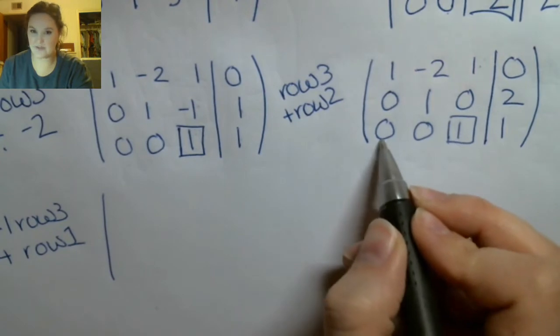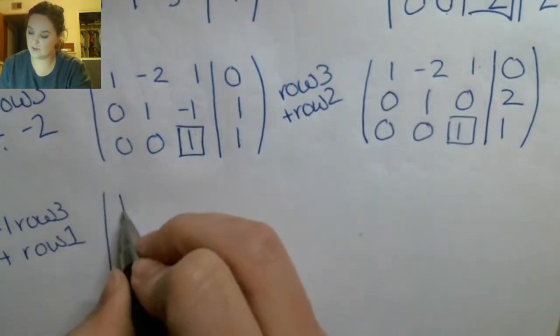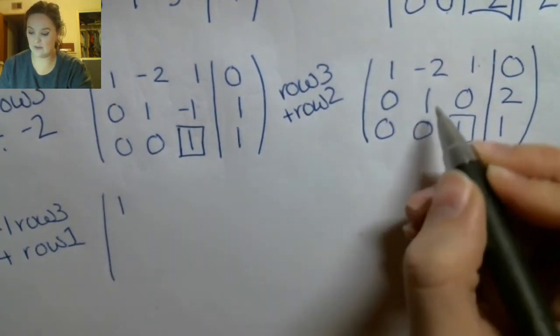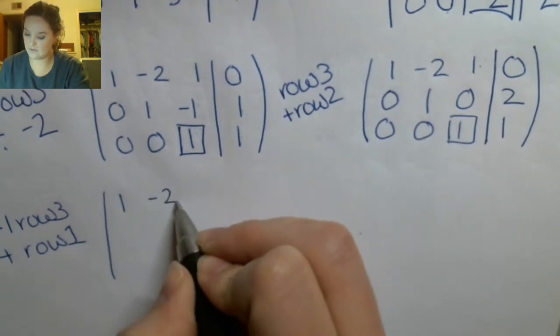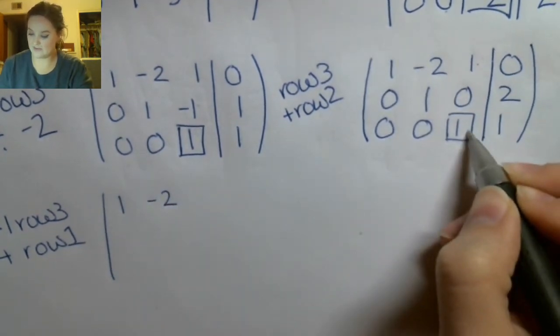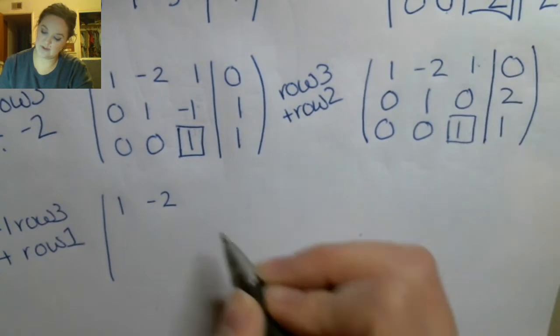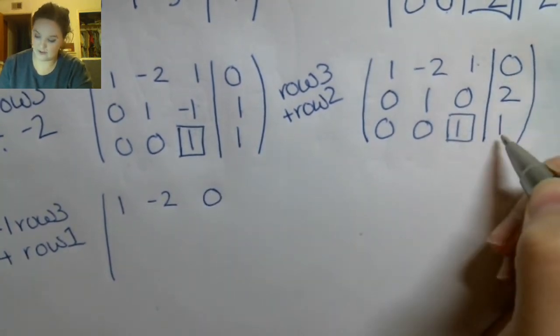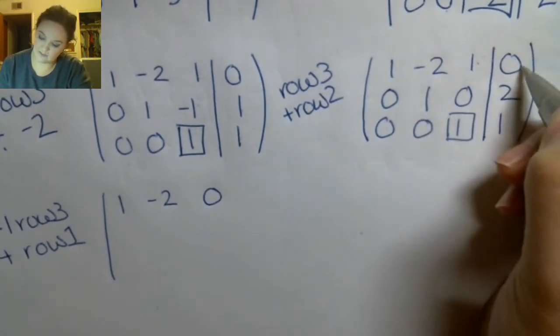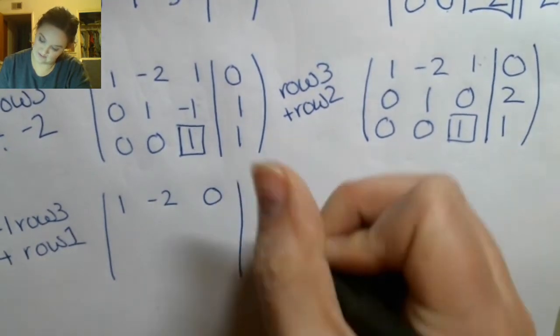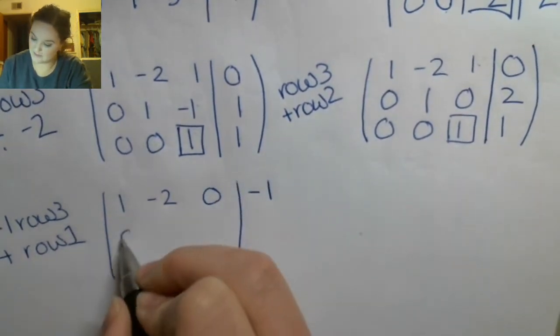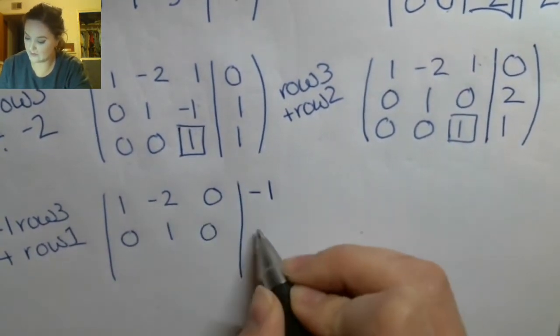So 0 times -1 is 0, plus 1 is 1. 0 times -1 is 0, plus -2 is -2. 1 times -1 is -1, plus 1 is 0, which is what we wanted. 1 times -1 is -1, plus 0 is -1. Then I'm just going to copy my second and third rows.